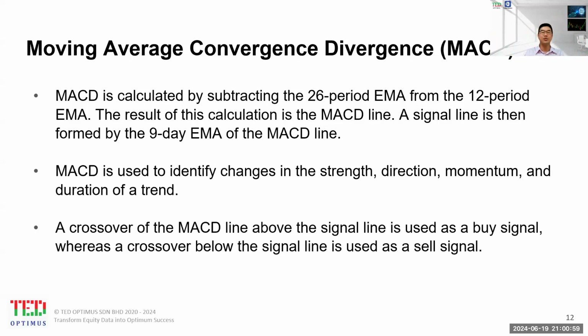So this is to identify changes in the strength. Just now, with the normal moving average, you don't see strength. You may see direction, and you can say you see a little bit of momentum because you can see the movement of the moving average and the duration of a trend.